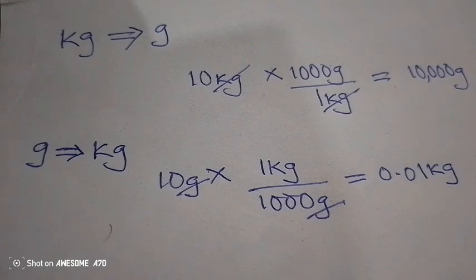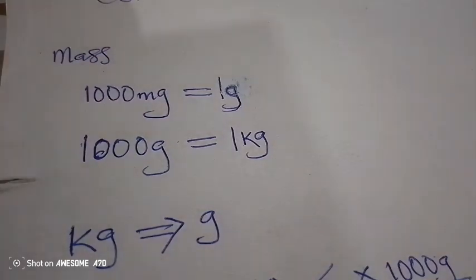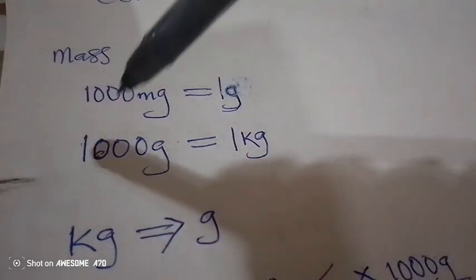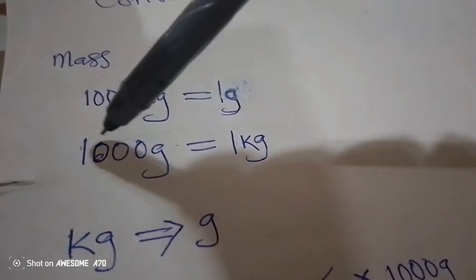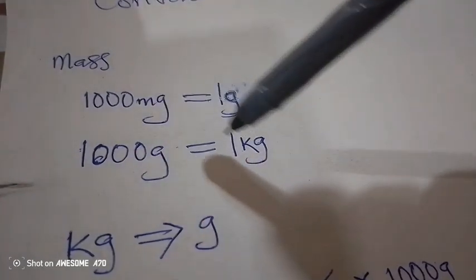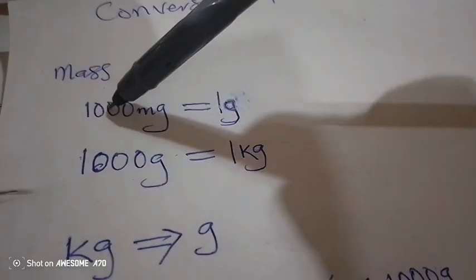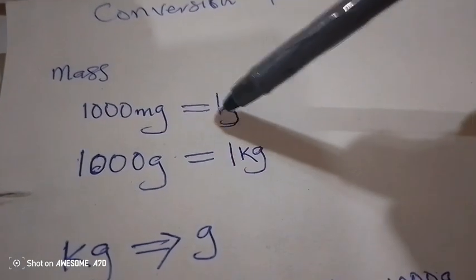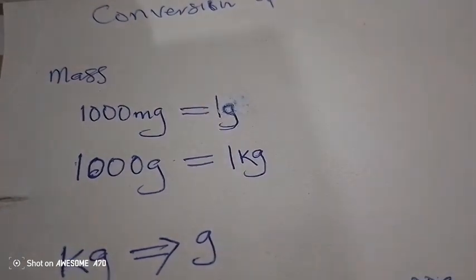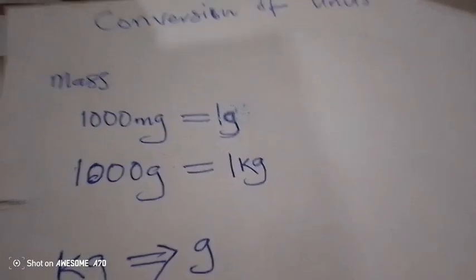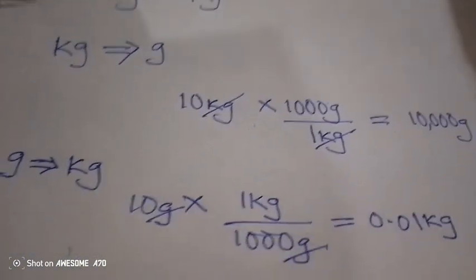We have agreed that 1,000 gram equals 1 kilogram. In the same way, 1,000 milligram equals 1 gram. This is the relationship. The relationship here is 1,000 to 1.